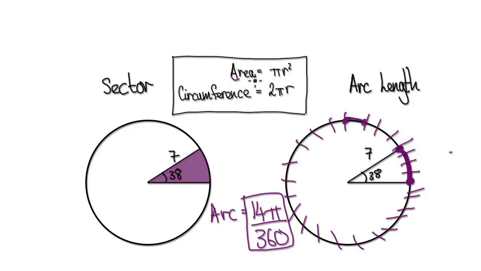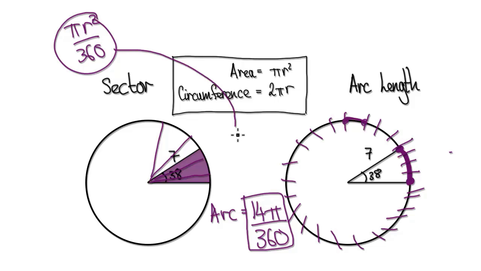What we did earlier was work out the whole circle and cut it up into 360 equal pieces, so pi r squared over 360 represents the slice of a pizza, an area. Here, 14 pi is the circumference, and when you cut it into 360 equal pieces, it represents this length from here to here.